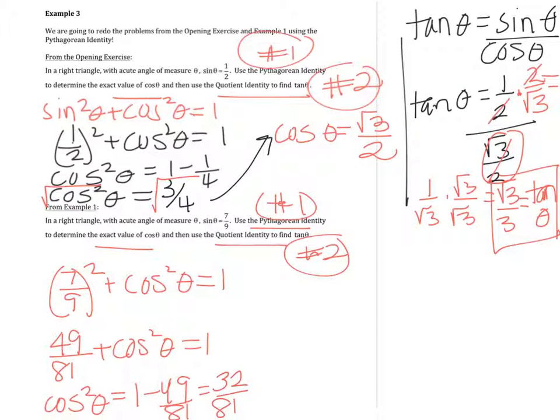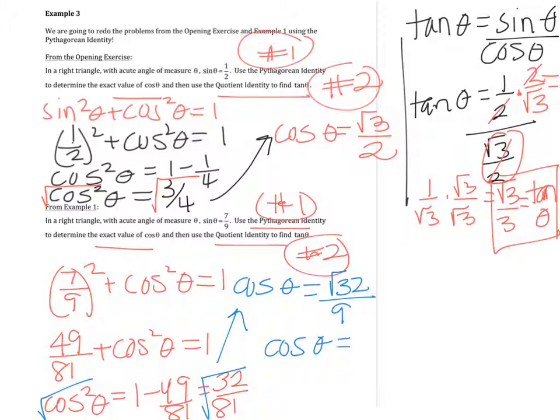Now I need to take the square root of both sides, in which case I get cosine of theta equal to, no, square root of 32 you have to break down to 16 times 2, and the square root of 81 is 9. So if you do break it down to 16 times 2, which is highly recommended, you're going to get cosine of theta equal to 4 radical 2 all over 9.